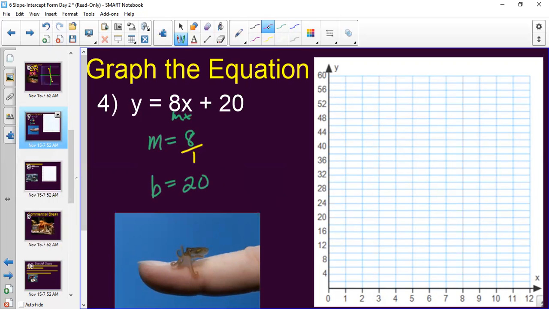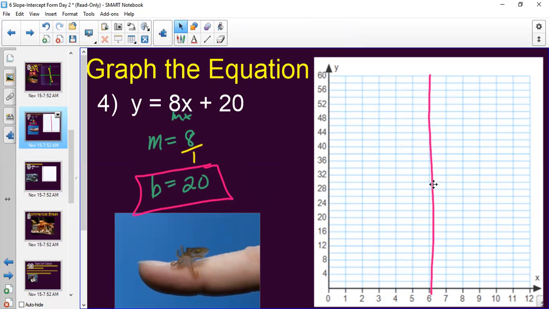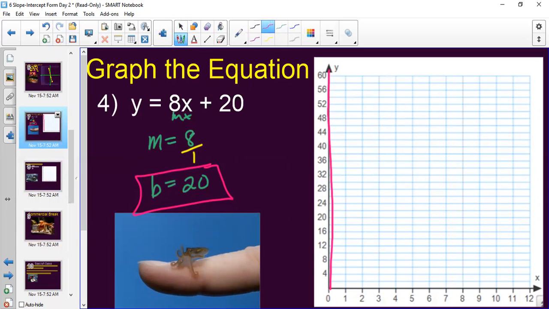Now here's where you kind of have to be careful. So b is still our starting point, just like before. Our y-axis is no longer right in the middle like you guys are used to. Okay, it has been shifted all the way over to the left side on these. So we want to find 20 on that y-axis, which is right there. So that's our first point.